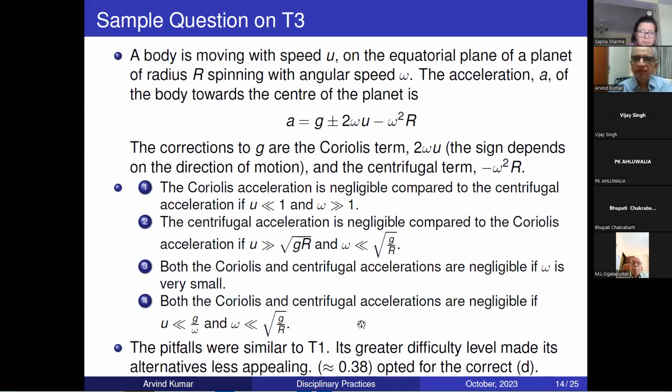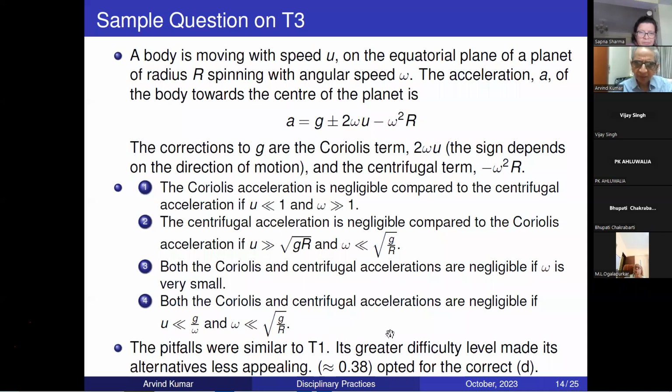So centrifugal acceleration has a certain value, and you can't do anything about omega. But for a planet, that's why we did not say Earth, for a planet which has this condition satisfied, the Coriolis and centrifugal accelerations are negligible.